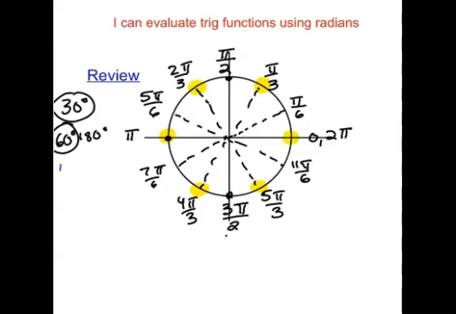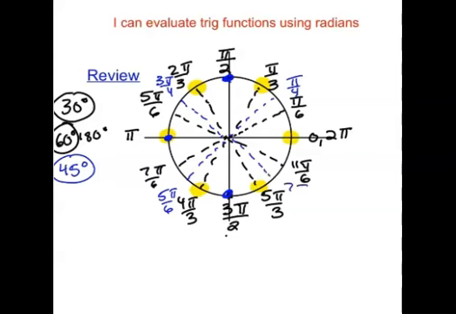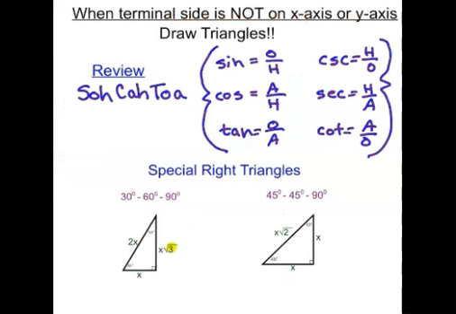And finally, if we do chunks of 45, that would be dividing into fourths. 1/4 pi, 2/4 pi, 3/4, 4/4, 5/4, 6/4, 7/4, and 8/4. Okay, so that is the unit circle in radians, where those things come from when you look at a copy of the unit circle.